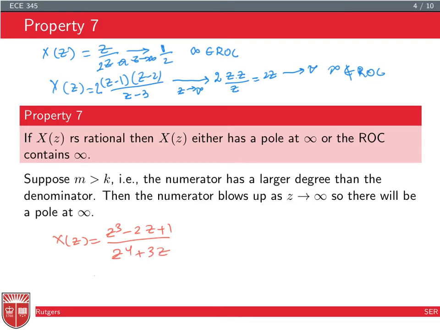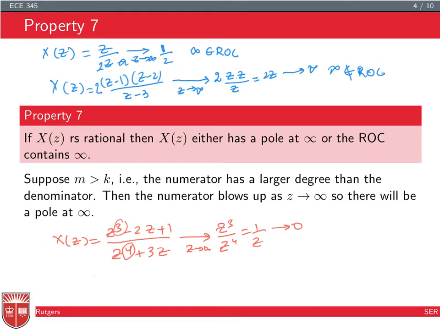You can see here that the degree of the numerator is 3 and the degree of the denominator is 4. So this is going to converge when z goes to infinity, because it acts like z cubed, since you pick the highest degrees, divided by z to the 4, which is 1 over z, which goes to 0.